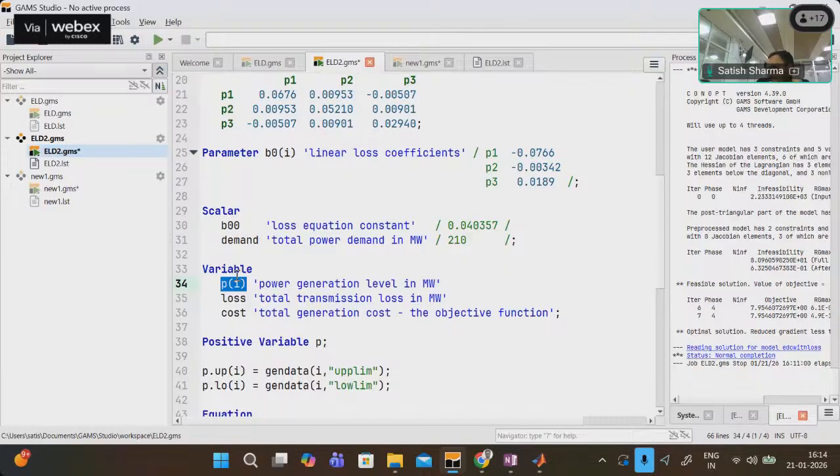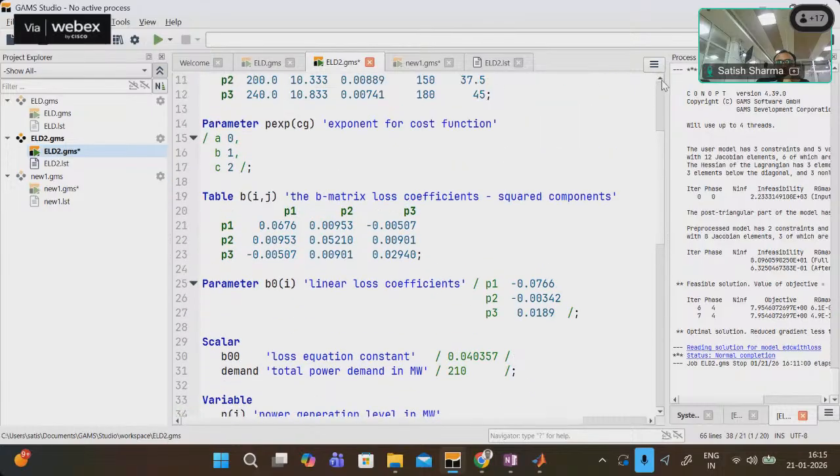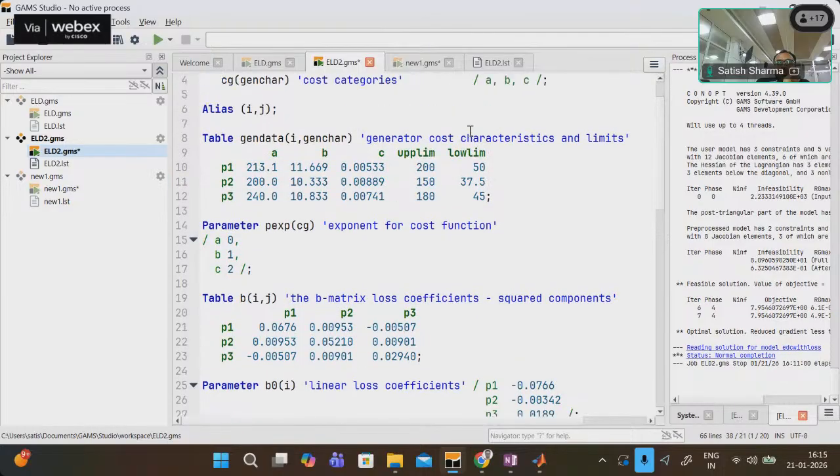Within a set, you can define multiple variables. Then we also defined that P is a positive variable that cannot take a negative value. And then we have to mention the upper and lower limit, right? So the upper and lower limit is provided here in this particular table, in which the input we have provided.